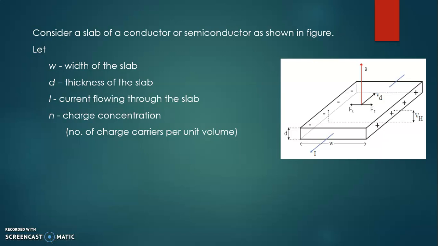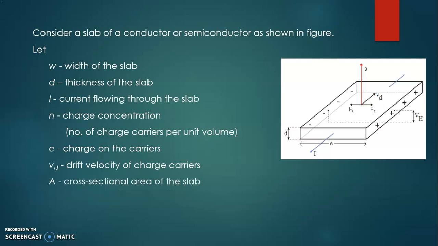n is the charge concentration, that is the number of charge carriers per unit volume. e is the charge on the carriers. V sub d is the drift velocity of the charge carriers. We know the drift velocity: it is the directional velocity under the influence of an electric field.